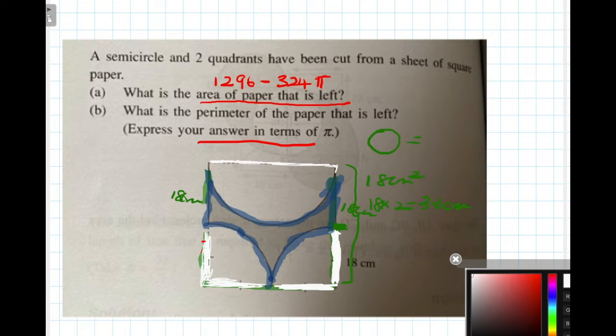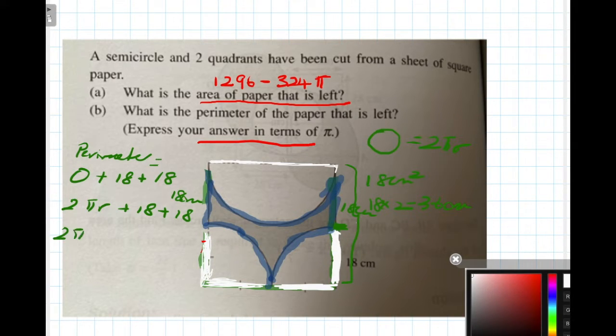So I know that this 9 here is 18 centimeter. So the total perimeter equals the circle plus 18 plus 18. Okay, so what is the perimeter of the circle? Perimeter of a circle is 2 pi r. This is not area, this is perimeter. 2 pi r plus 18 plus 18. So 2 pi, what is r? r is 18, right?